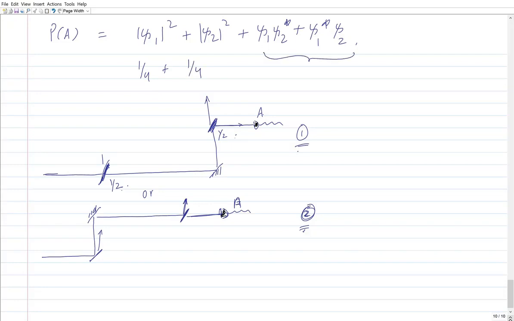We did not take into account these cross terms or the interference terms, which for the event at A was exactly equal to half, since this whole thing came out to be 1. So the probability of detection at A because of this interference turned out to be 1. And subsequently the probability came out to be 0 for B. I'm not filling in the numbers. That's for you to do in one of the homework questions.